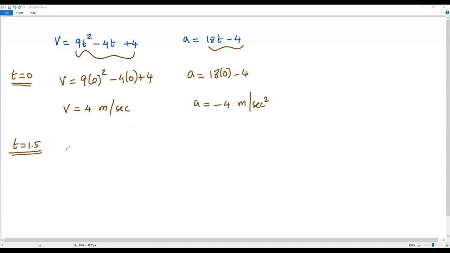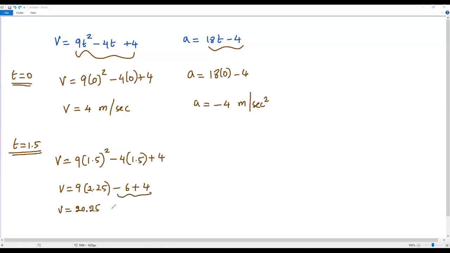So v equals 9 times 1.5 the whole square, minus 4 times 1.5, plus 4. 1.5 squared is 2.25. Minus 4 times 1.5 will be minus 6, plus 4, and 9 times 2.25 will be 20.25.